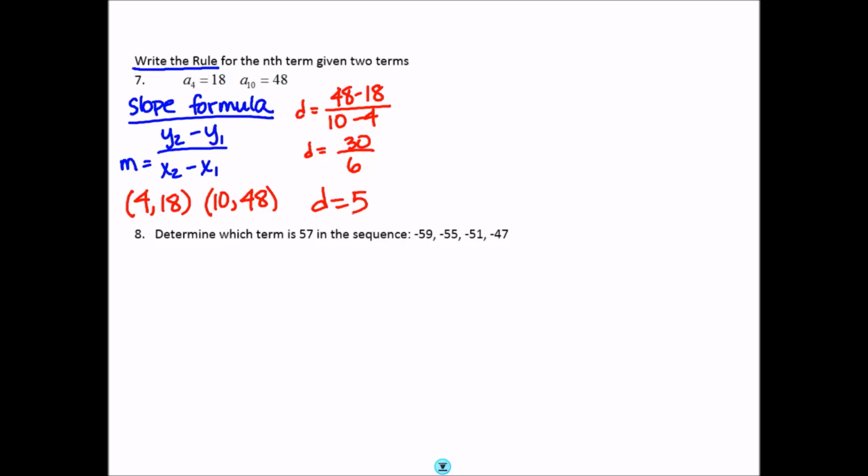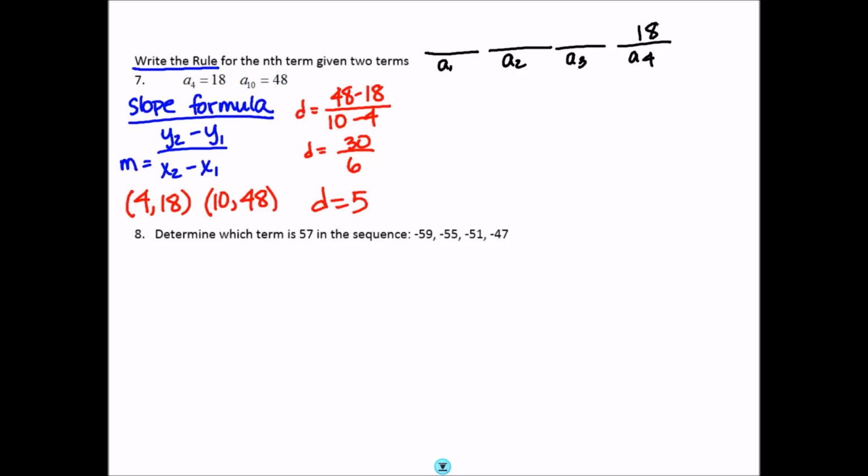Now, to find the first term, we can either use the formula, plug in a point and d and try to solve for a1, or we can say, well, this is a1, this is a sub 2, a sub 3, a sub 4. We know a sub 4 is 18.